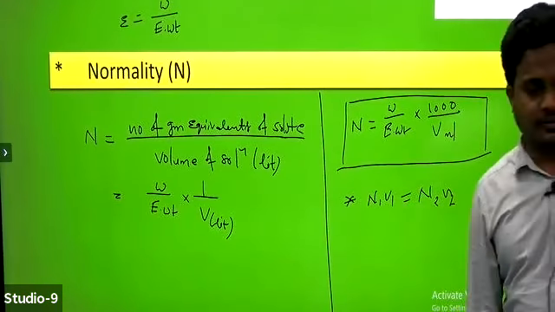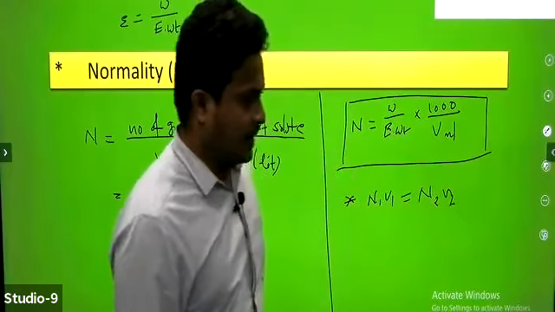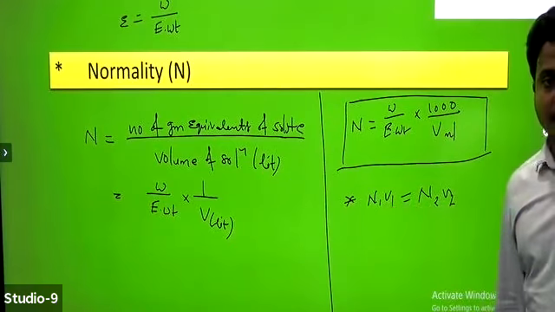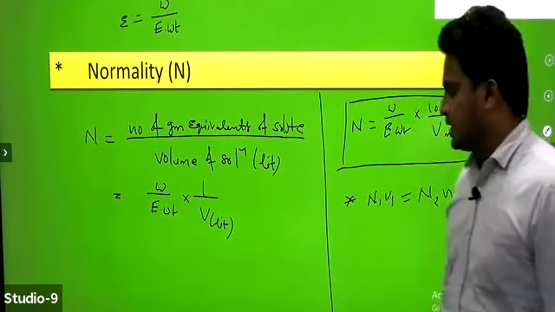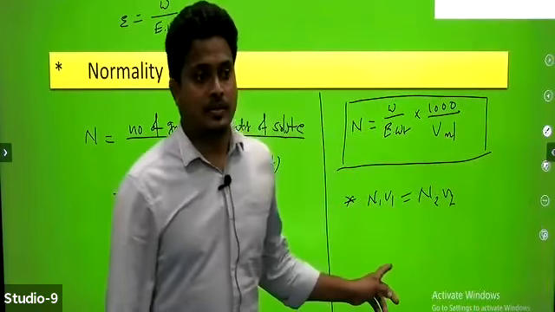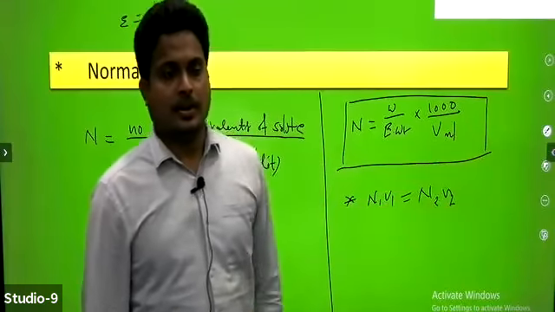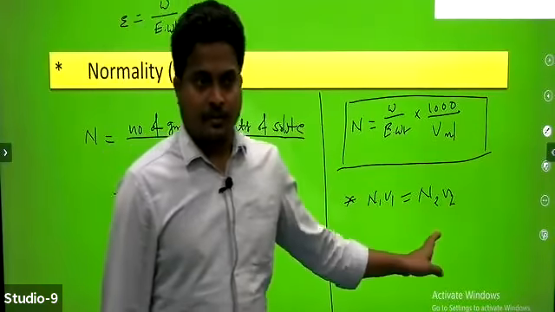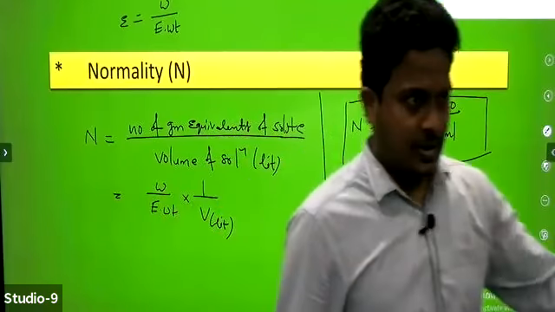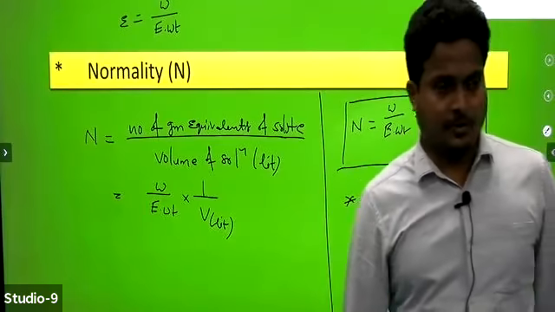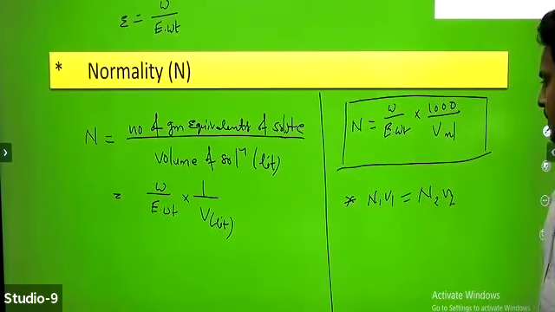Dilution is nothing but the addition of water. V1 is the volume of the solution before dilution. N2 is the normality of the solution after dilution, and V2 is the volume of the solution after dilution. Dilution is nothing but addition of water to a definite quantity of solution.